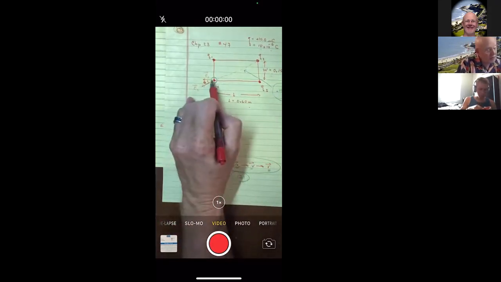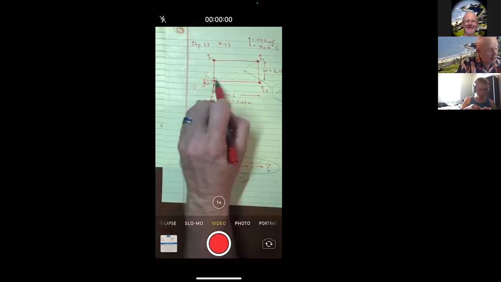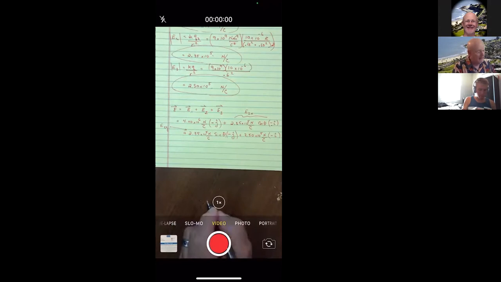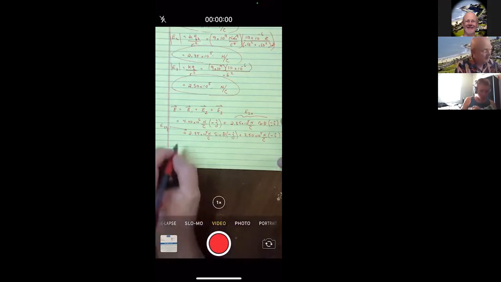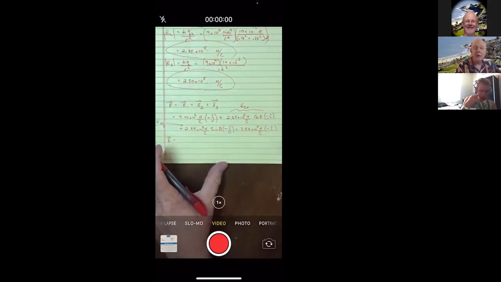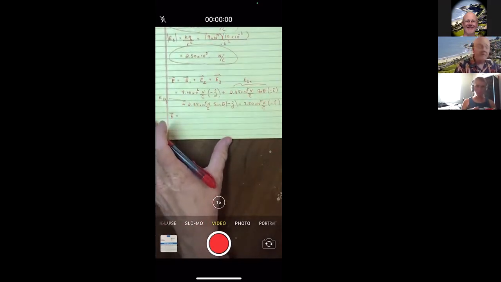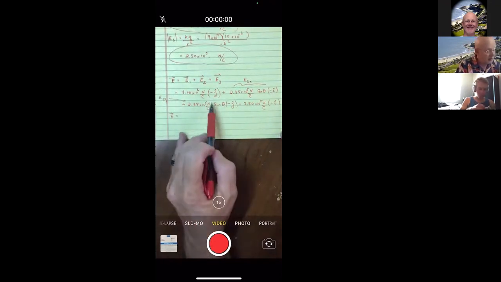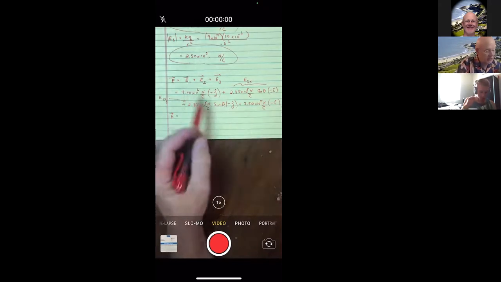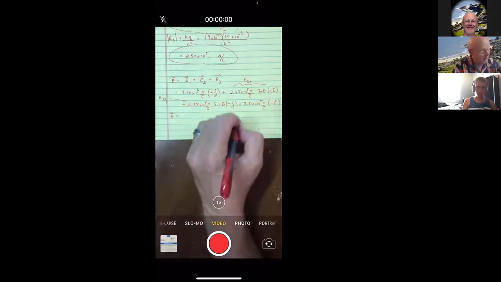Number 3 is pointing in the negative x direction only. So negative i hat. So that means when I do my vector addition, I would put these together. These are all the j hats, and I'd put these together.